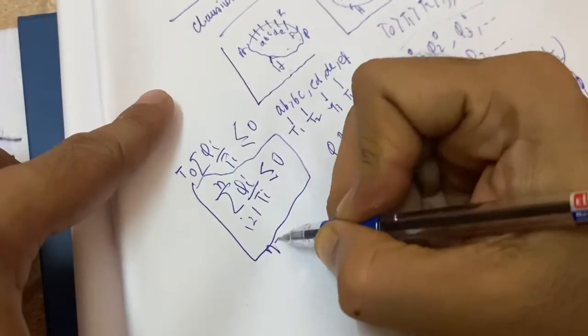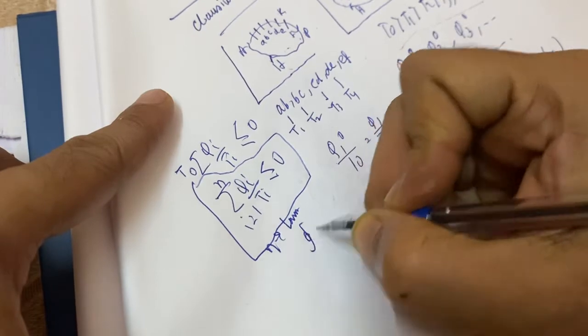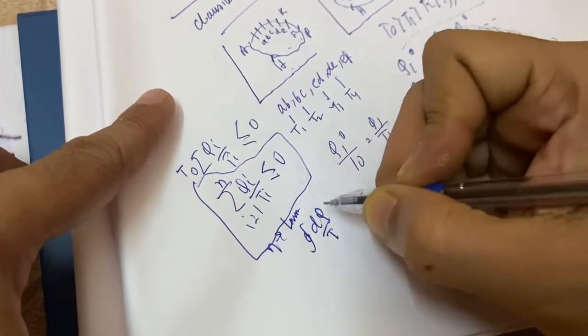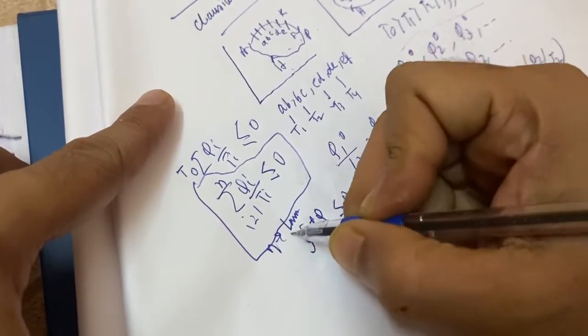If n tends to large, then the integral of dQ by T must be less than or equal to 0.